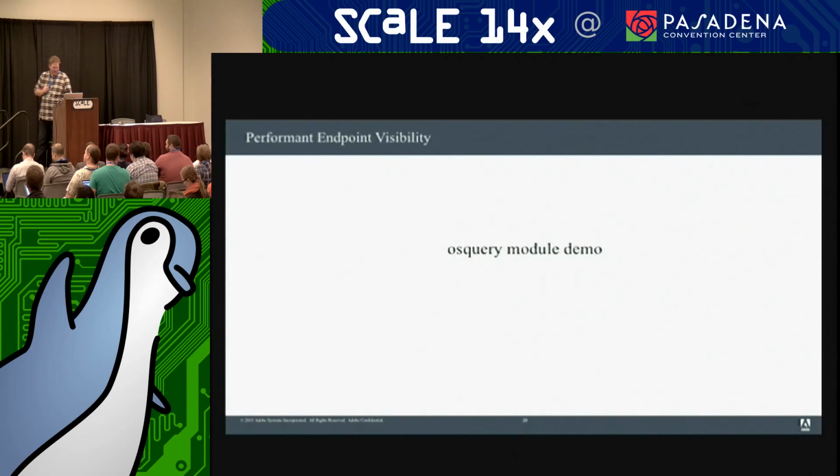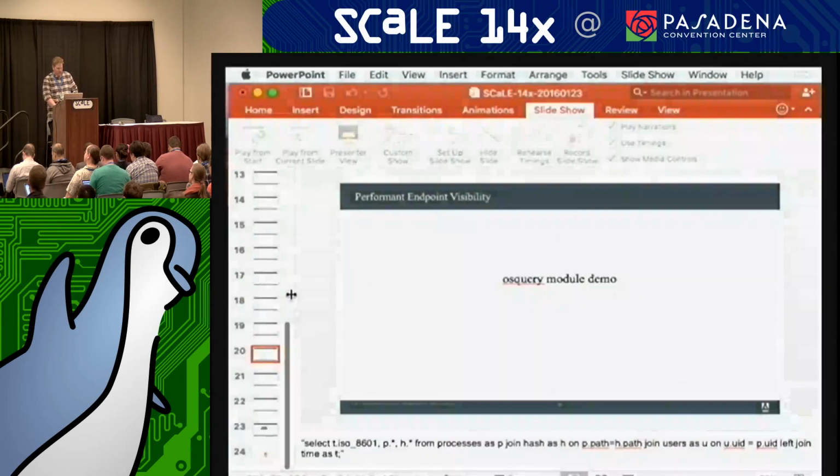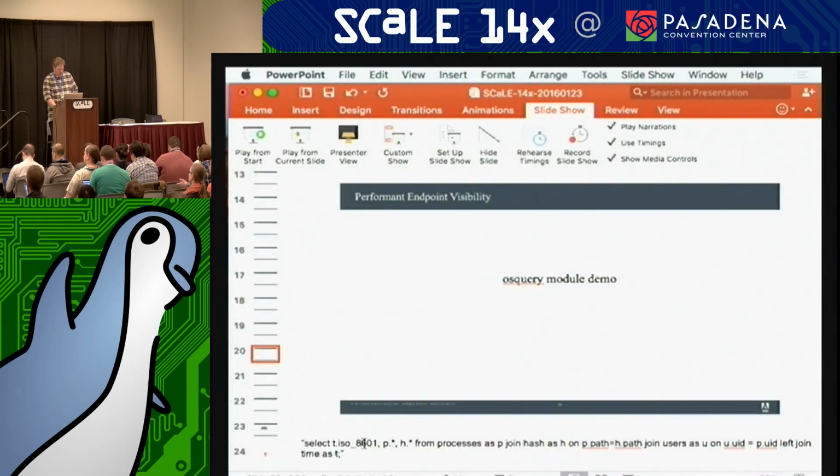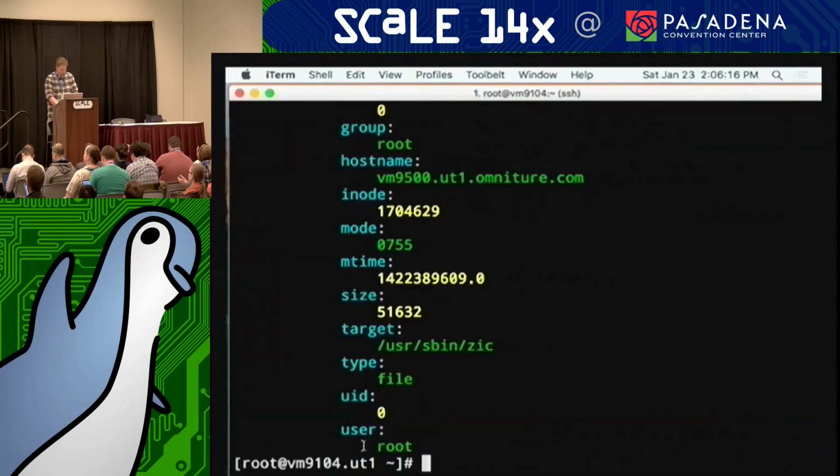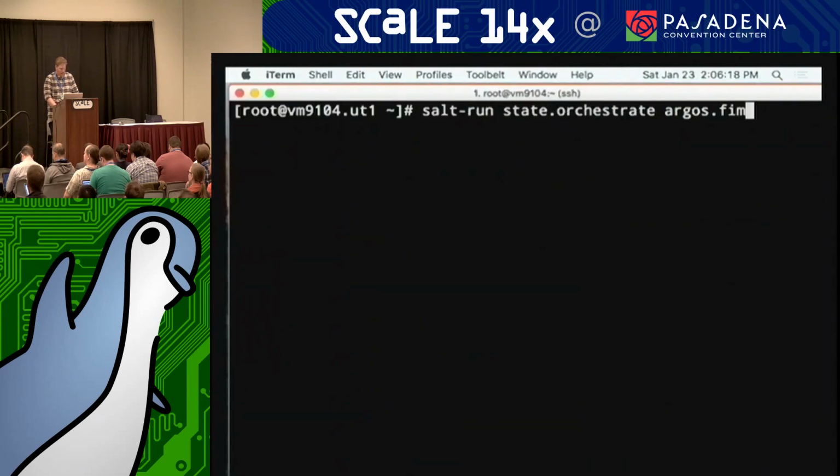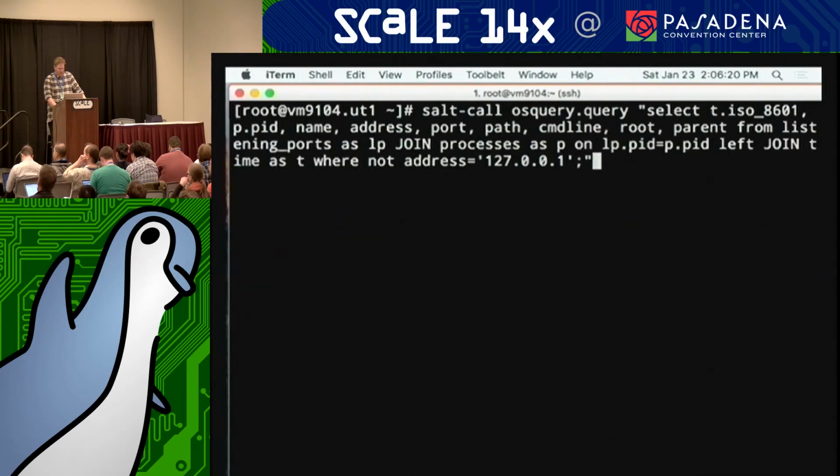So let me demo quickly the OSQuery module. Again, OSQuery allows you to send queries to your system kind of like a select statement. I've got some of these in my history here.